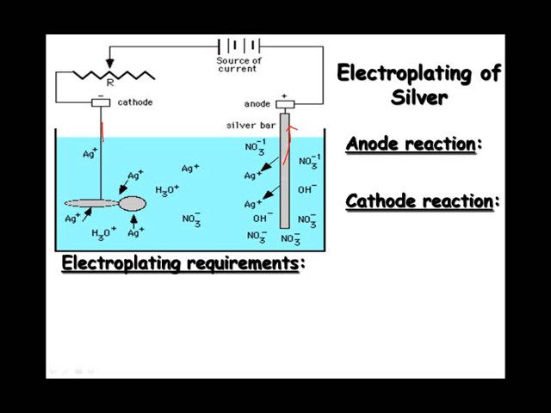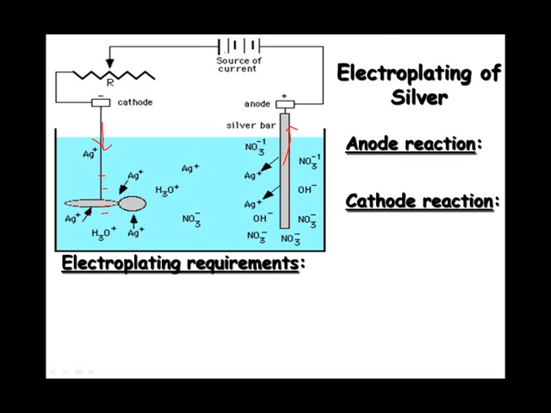So the electrons are coming down, and the silver plus ions are attracted to that buildup of negative charge from the electrons, and that silver plus and the electrons make a silver atom, and that silver atom plates onto that ring. Okay? So that's basically what's happening.